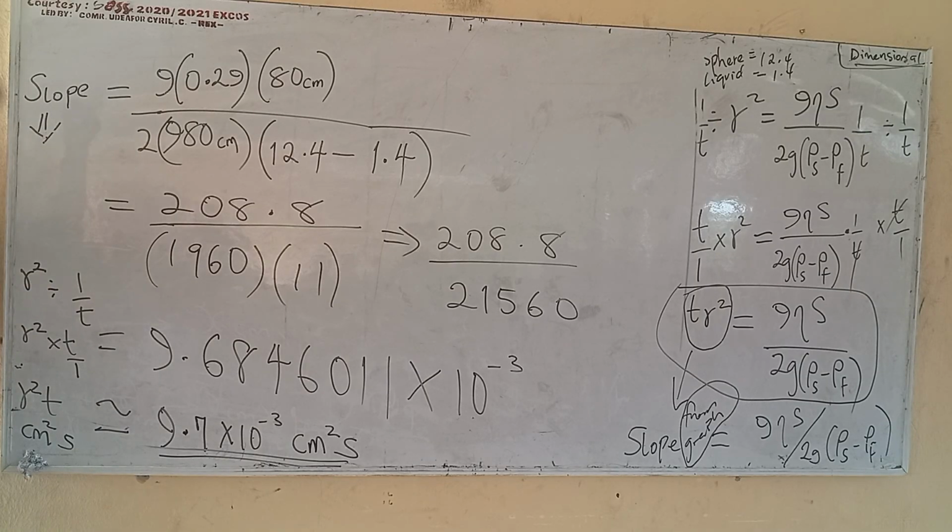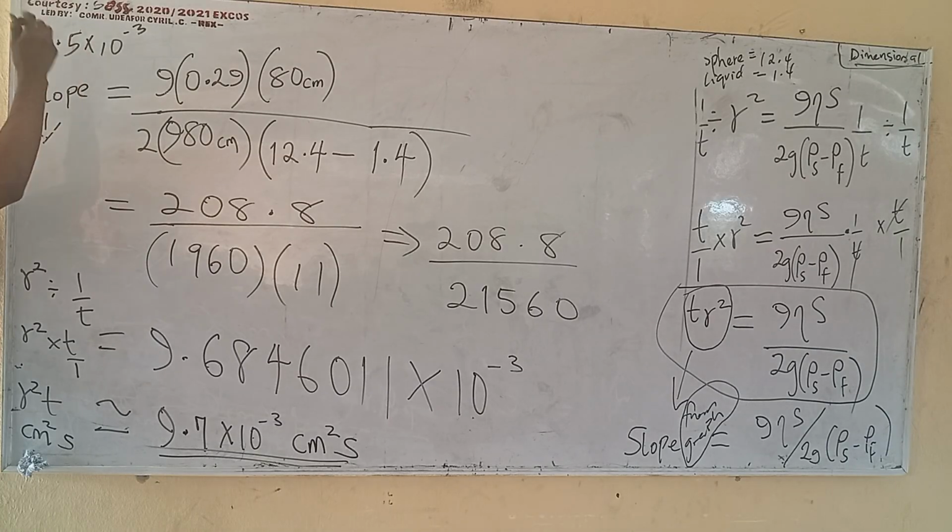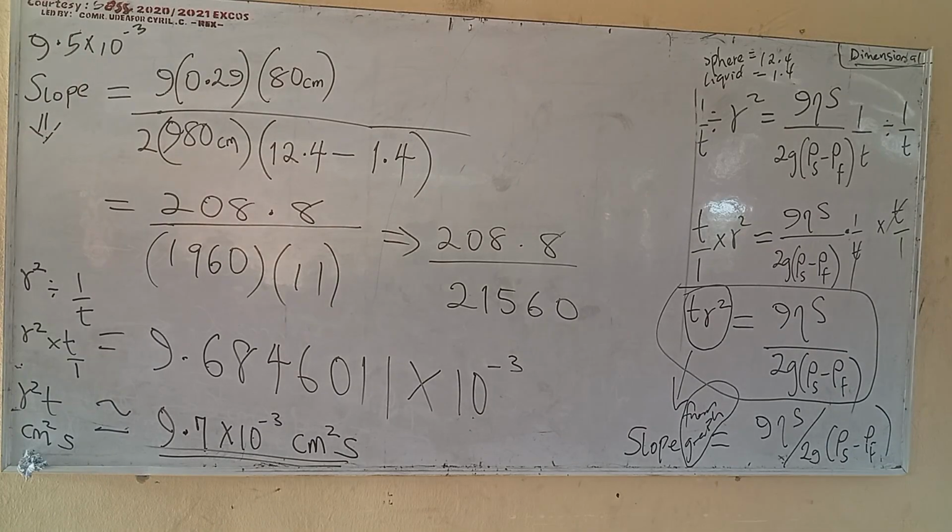So let's say in my graph I have 9.7 times 10 to the minus, or you can have 9.5 close to it. By the time you take your left hand side and right hand side, they are equal. That is what the question is saying. If you got 9.9 for your slope, you are close, but you need to check. Somebody who got 9.7 and 9.9 is still close.